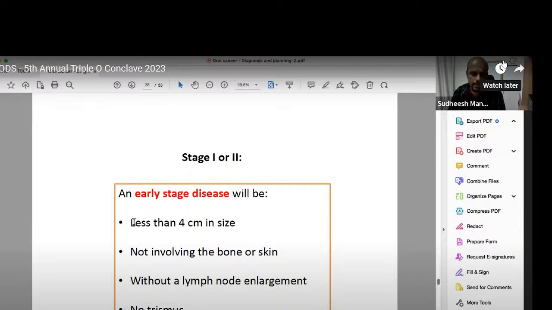Okay. So any lesion which is less than 4 centimeters in size and not involving the bone or skin and without a lymph node enlargement and without a trismus, if all these parameters are met, that means the lesion is either stage 1 or stage 2, and that is an early stage disease.